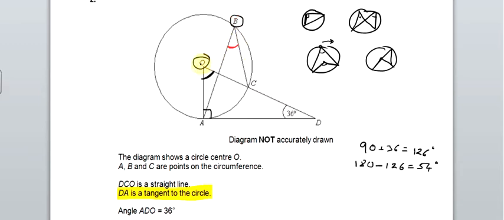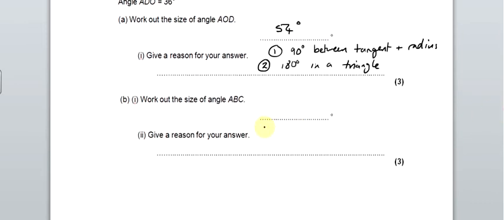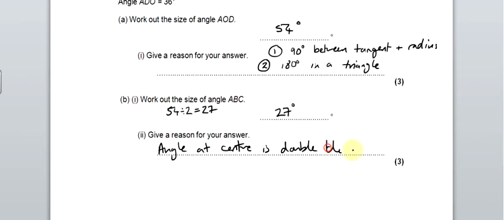So angle B is half of angle O at O. So 54 divided by 2 is 27. So it's 27 degrees, and the reason is the angle at the centre is twice or double the angle at the circumference.